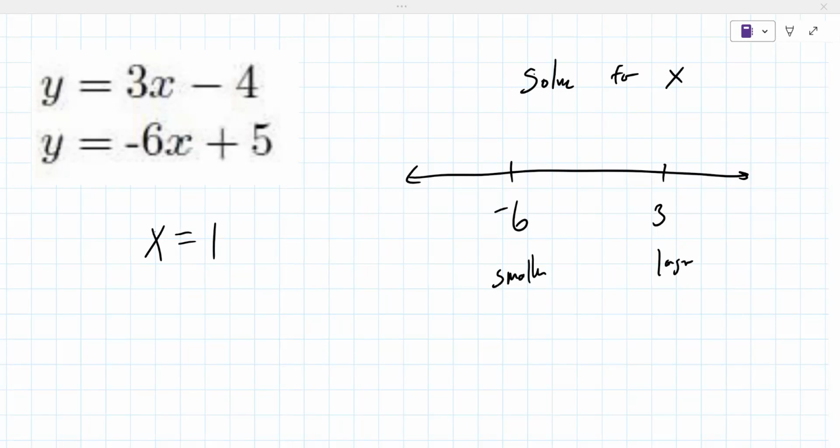Yeah, it'll be the same. If you're really unsure, you could try both. So 3 times 1 minus 4 would be -1. And then you got it. -6 times 1 plus 5 would also be -1.